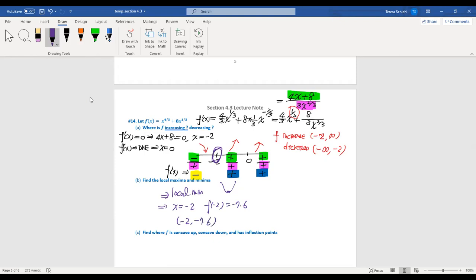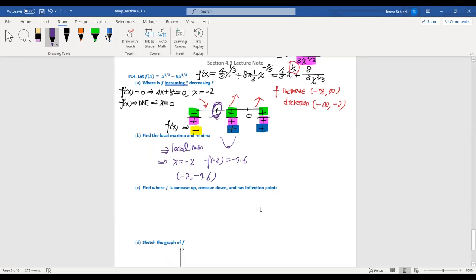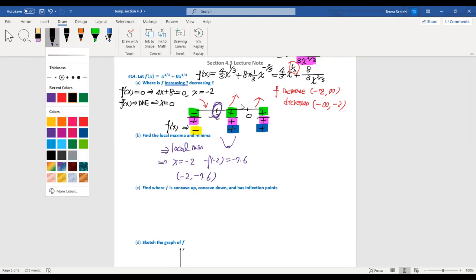Okay, now the next one is where is the concavity, concave up or concave down. For this, we're going to take the second derivative.